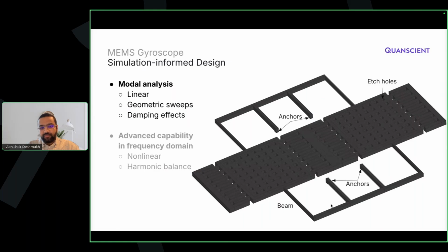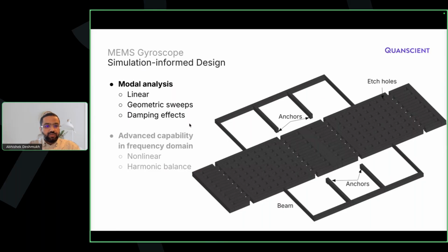The support beams, anchors, as I said, are quite tiny, and then edge holes which can control the damping and the actual mass of the proof mass itself. In this webinar we will focus on modal analysis, which has been done to evaluate the damping effects, as well as to show how geometric sweeps can be performed to explore the design space.